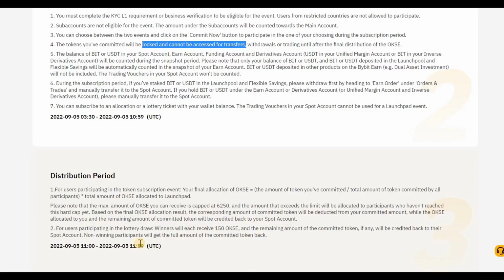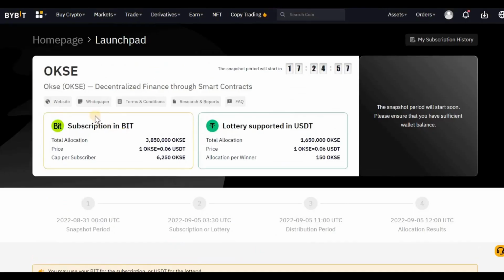If I scroll up, you can see right here that for the subscription in bits, the total allocation is going to be 3.8 million OKSE. And for each user, the maximum allocation is going to be about 6,250 OKSE. No user is going to have above this specified amount, alright?